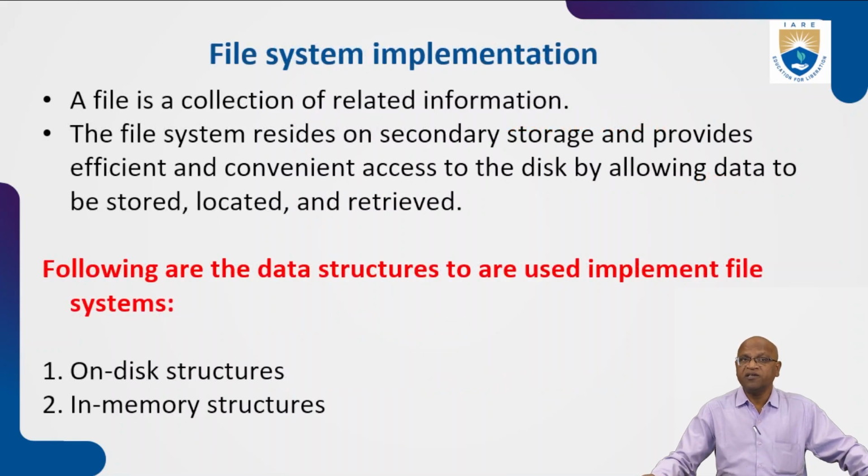So, file system implementation. A file is a collection of related information. The file system resides on secondary storage and provides efficient and convenient access to the disk by allowing data to be stored, located, and retrieved.